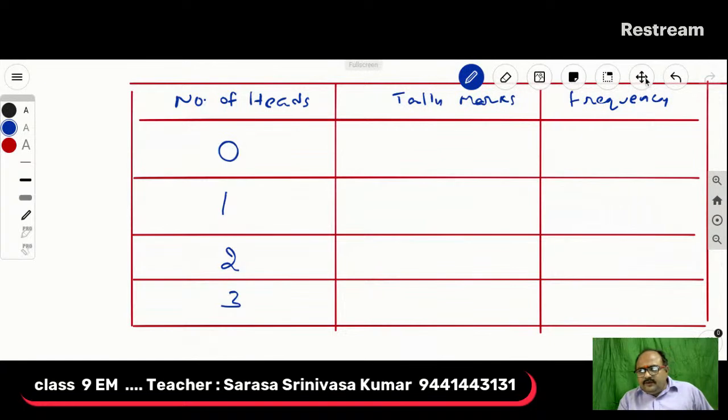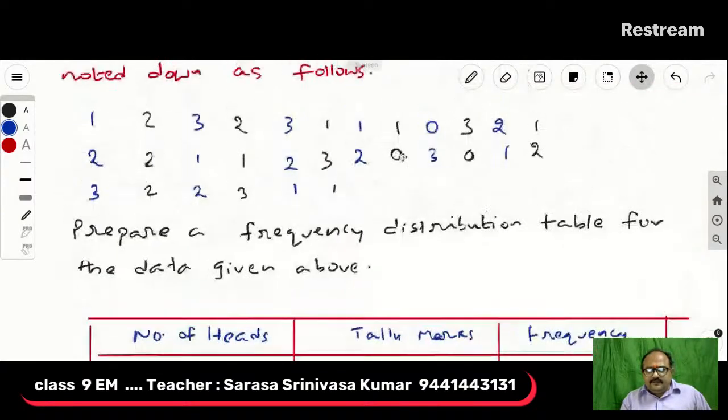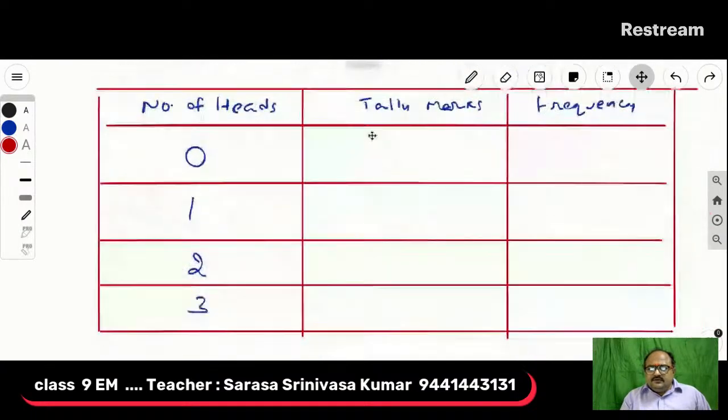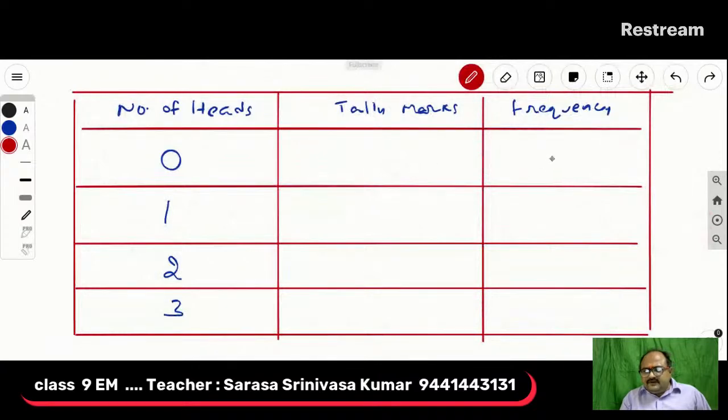So what is the frequency of 0 number of heads? Now let us see 0 number of heads. It is 1, 2, 3. So the frequency of 0 number of heads is 3.